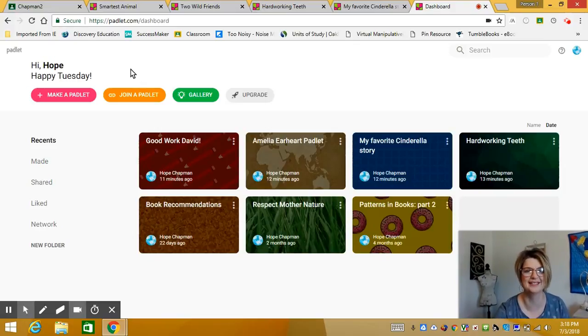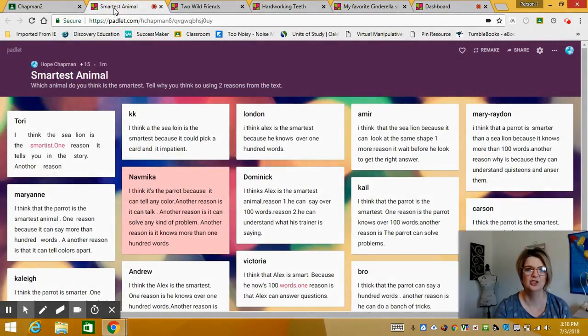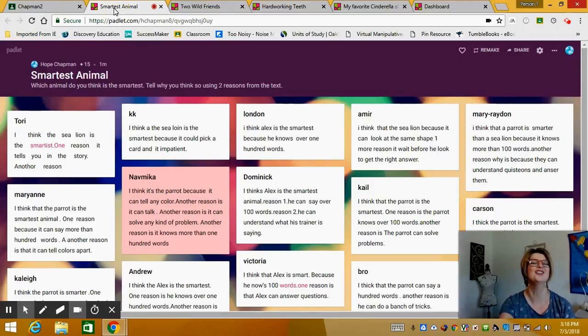So let me show you an example of what we do in second grade with Padlet. First of all, I'll let you know that we actually each week have a center where my children engage in Padlet, and they are given a Scholastic News. Thank you, Scholastic News, for your great articles that are very high interest to the students.